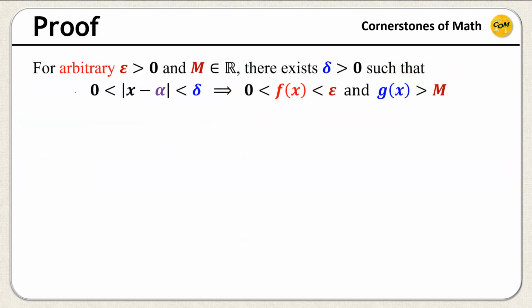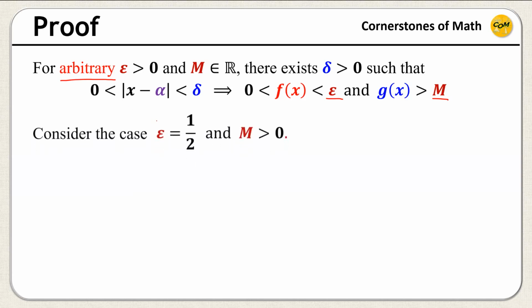So we have this statement, and remember that these epsilon and m are arbitrary numbers, so we can let these be whatever values that we feel convenient. In that sense, I will set the value of epsilon to 1/2 and the value of m to just an arbitrary positive number.